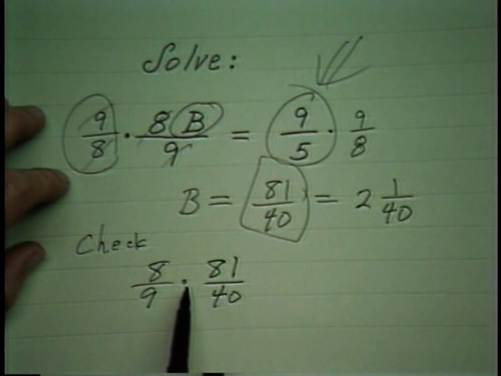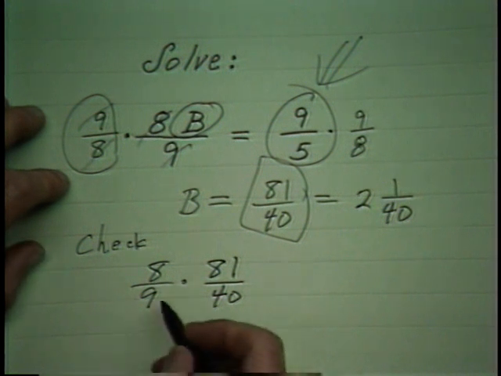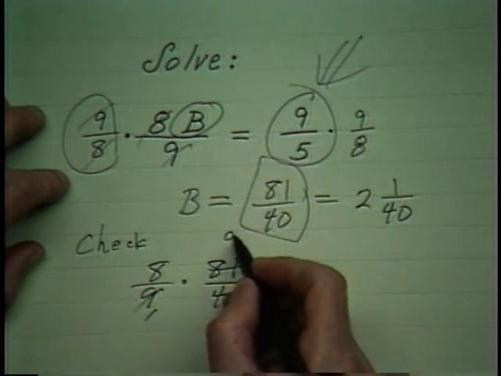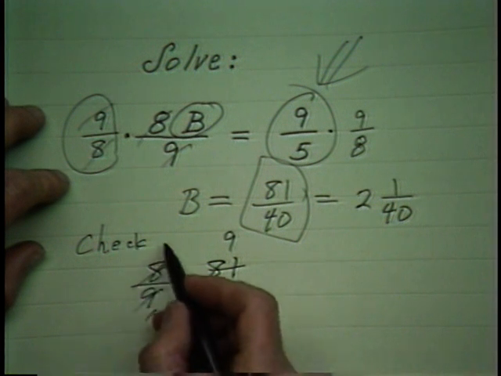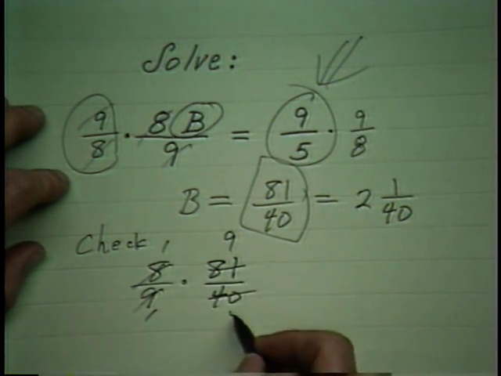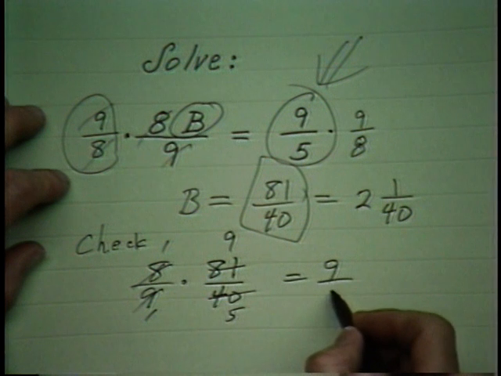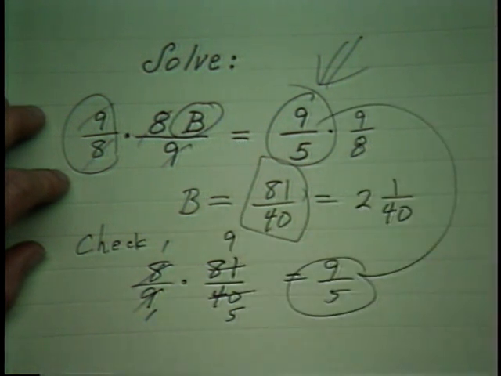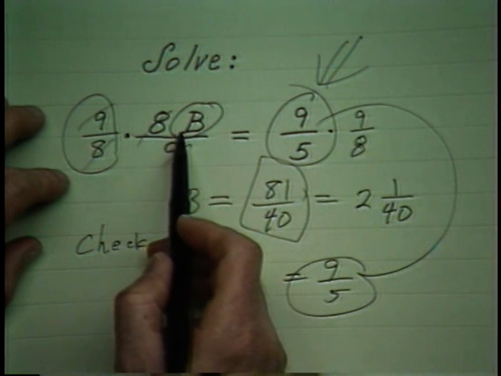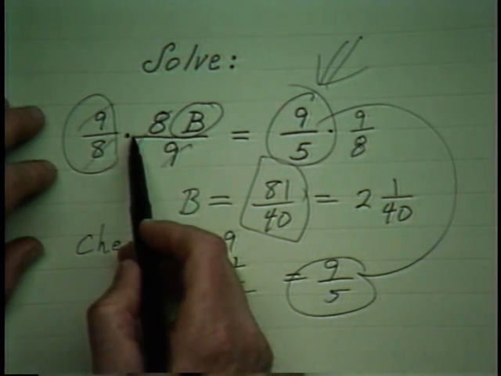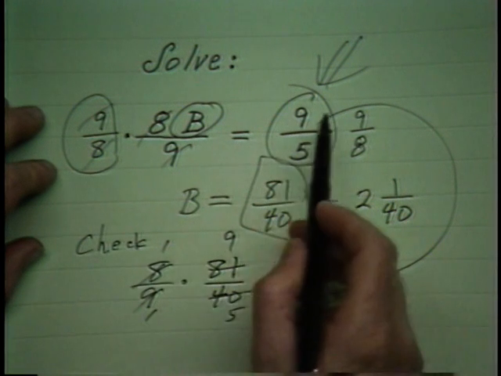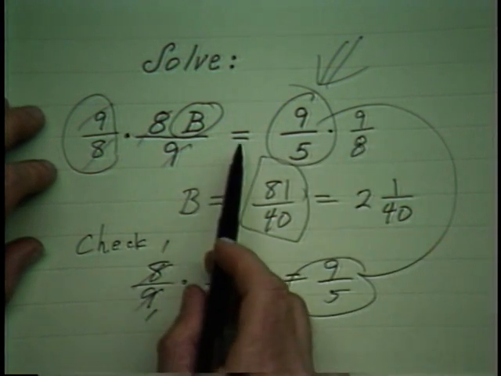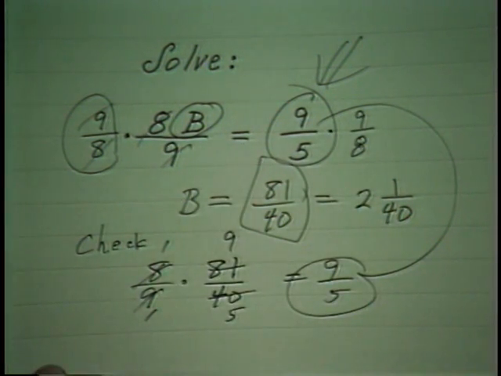Well, let's check and see. I can cancel here. 9 goes into 9 once, into 81, 9. 8 goes into 8 once, into 40, 5, and that leaves me 9/5, and it checks. So to undo multiplying, you multiply again by the reciprocal, but both sides if you're solving an equation.